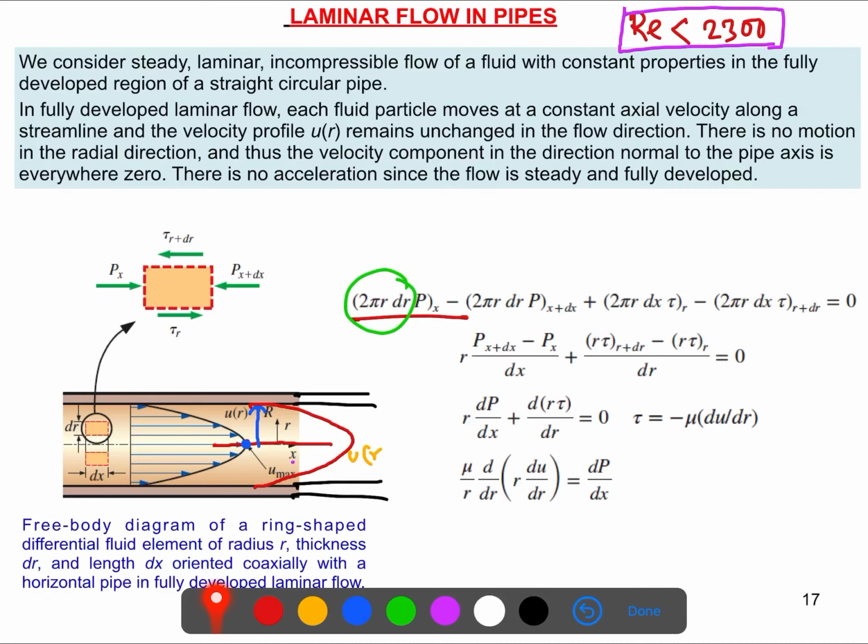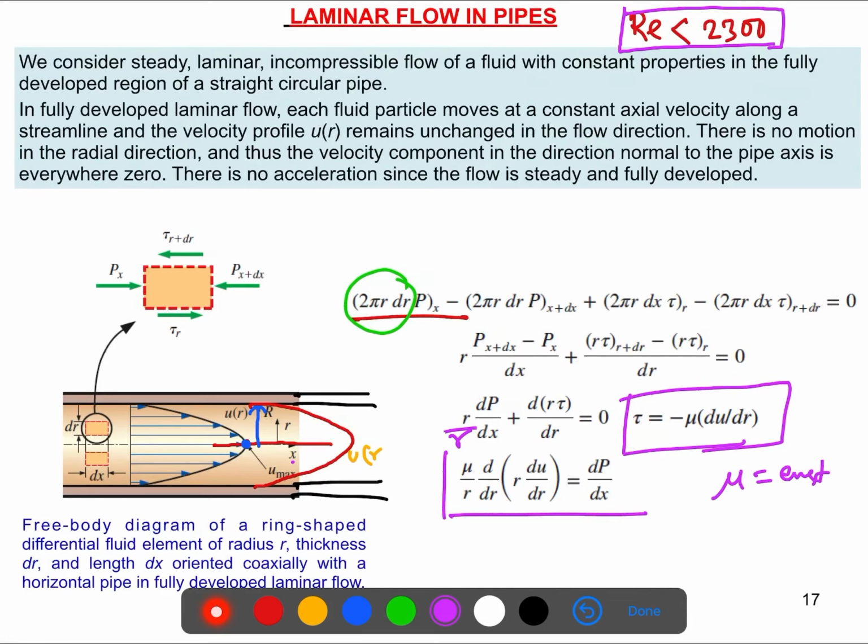What we can do is substitute tau equals negative mu du/dr, and divide by r. Since mu is constant, we will then get these expressions.